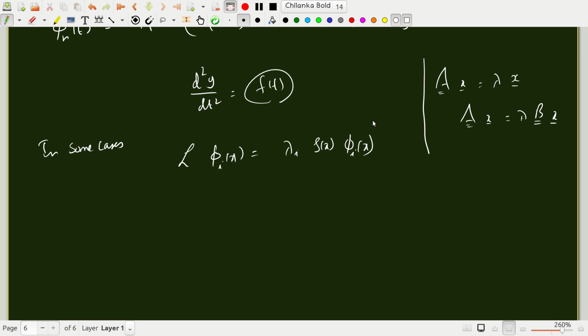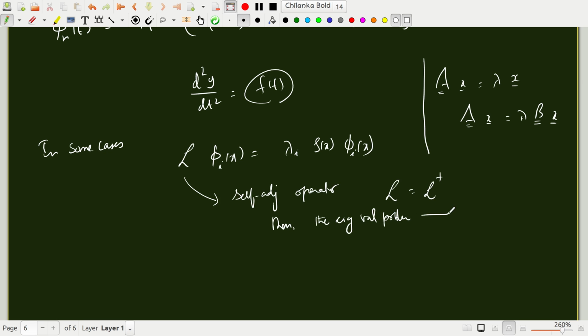Now one important thing about the eigenvalue problem is that if this is a self-adjoint operator, that is L is equal to L dagger, then the eigenvalue problem has real eigenvalues and eigenfunctions corresponding to distinct eigenvalues are orthogonal.